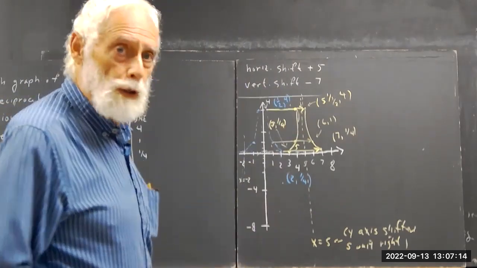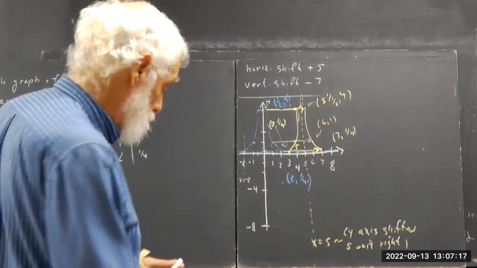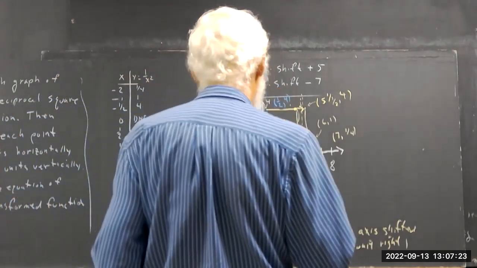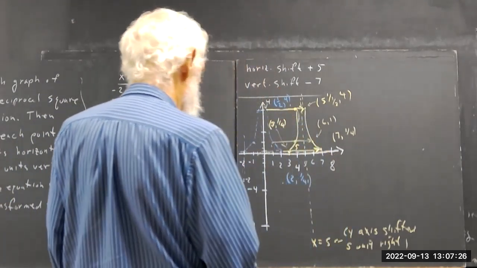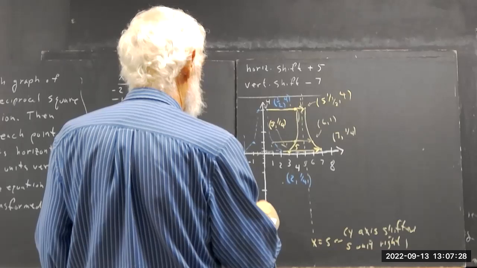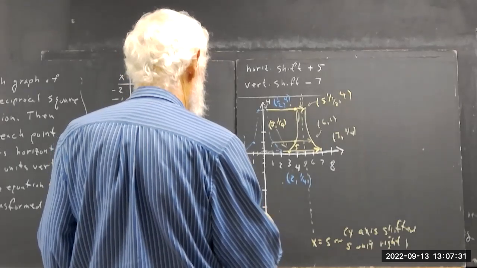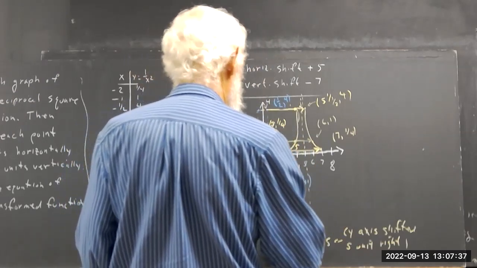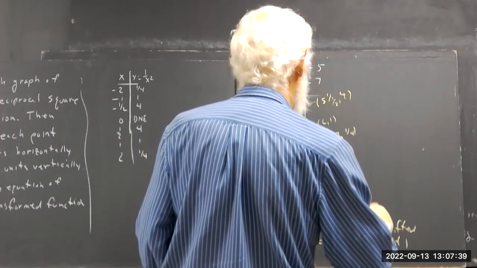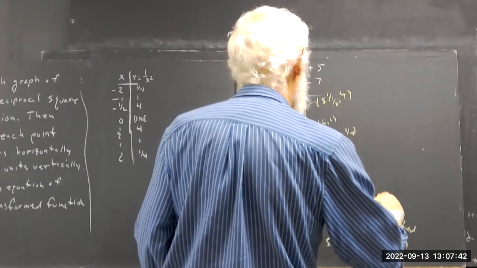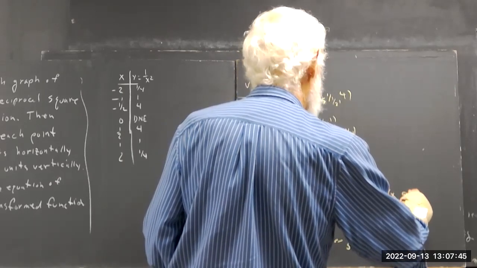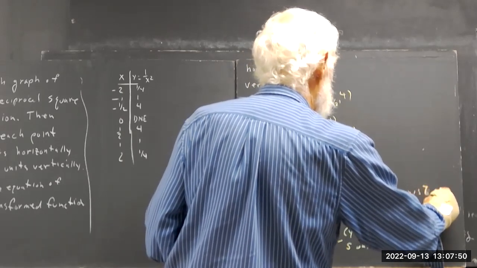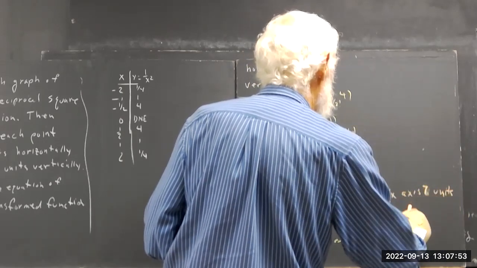Okay, well now I lower all these points 7 units. Yeah, that's pretty straightforward. First of all, let's find -7. That's going to be important. This is the x-axis shifted 7 units.